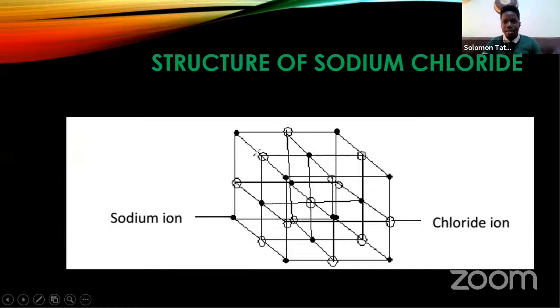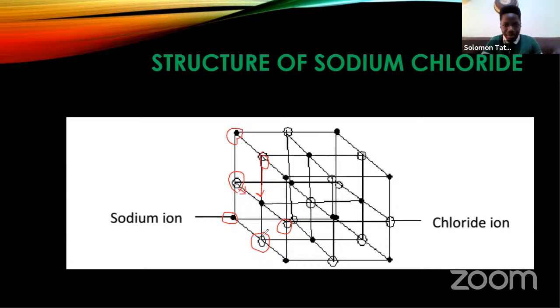We have the positively charged ions, the ones in dark here. Those are the sodium ions. They are surrounded by negatively charged ions, which are in this case chloride ions. Each positively charged ion is surrounded by 4 negatively charged ions, if the structure is complete, just like this.